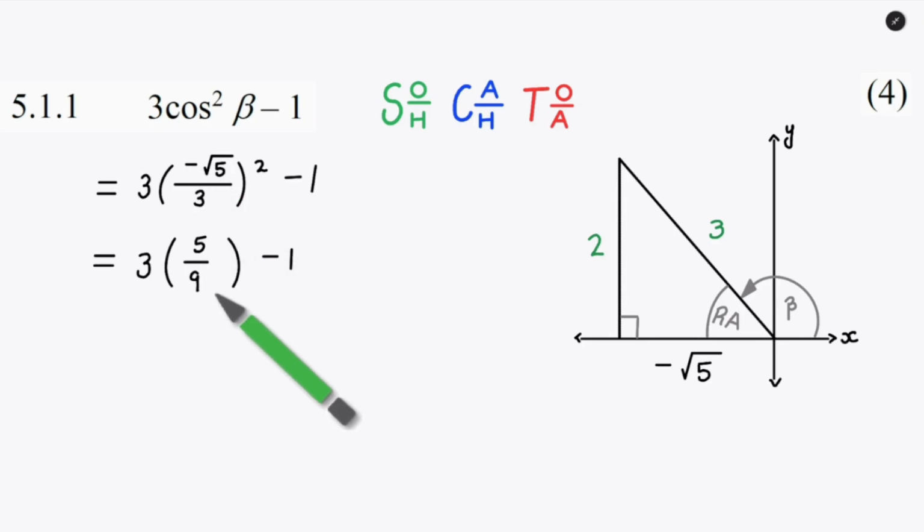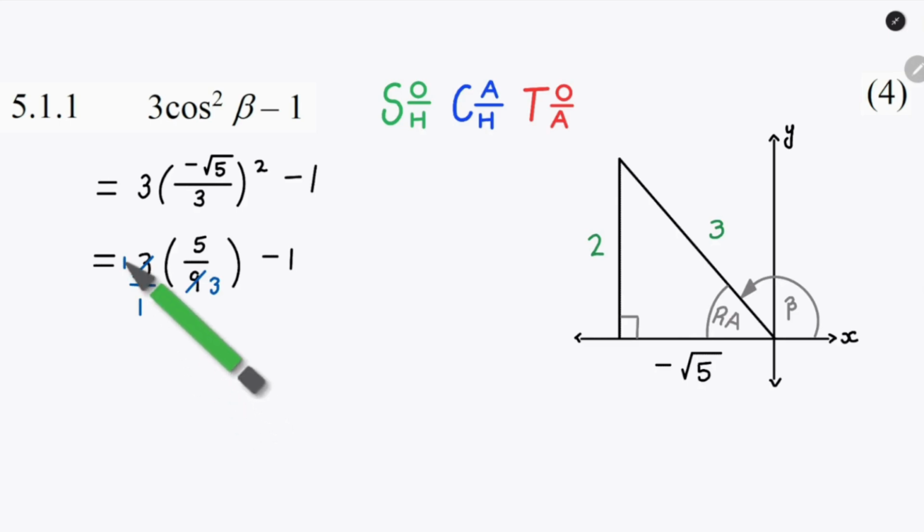Now we need to simplify. So we start that process off by putting this 3 over 1. We find the biggest number that can go into the top and the bottom. I can divide the top and the bottom by 3. So 9 divided by 3 will give me 3, and 3 divided by 3 will give me 1.